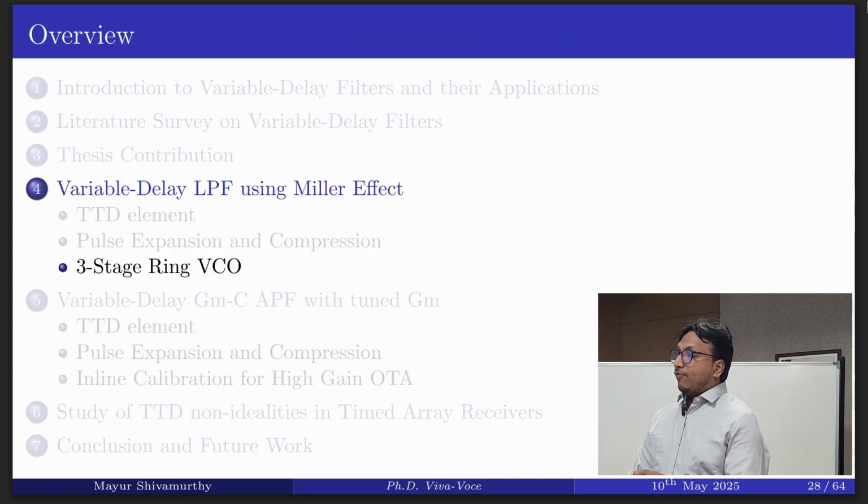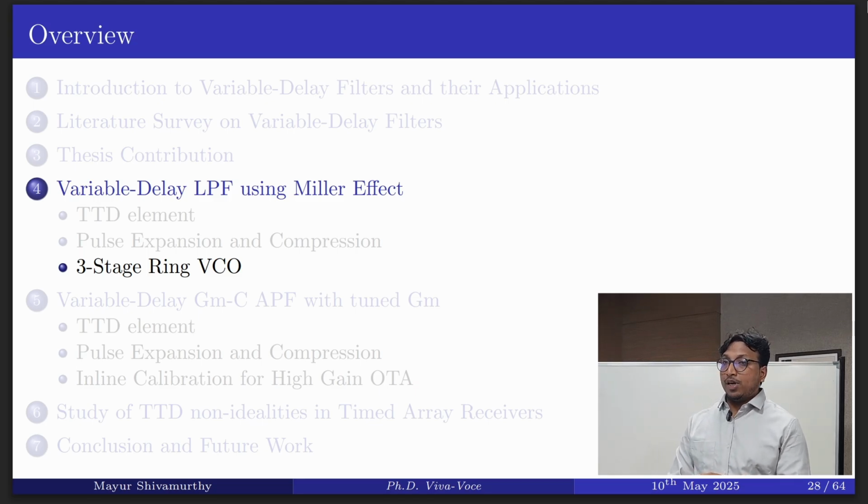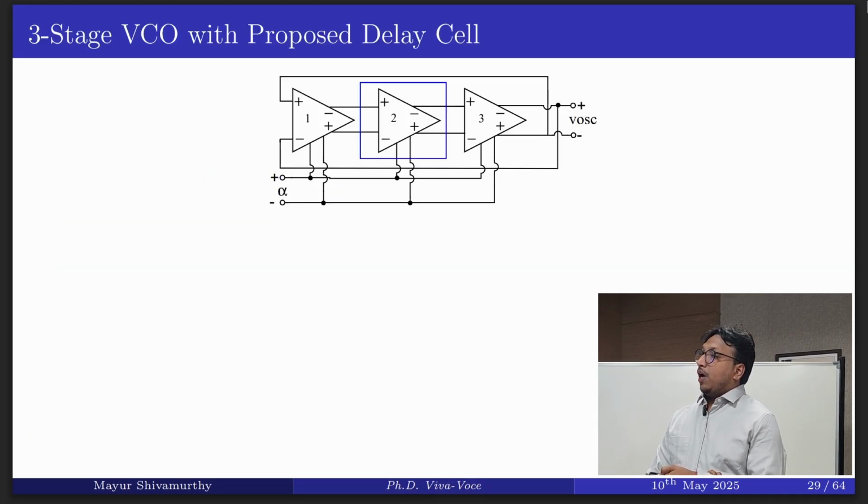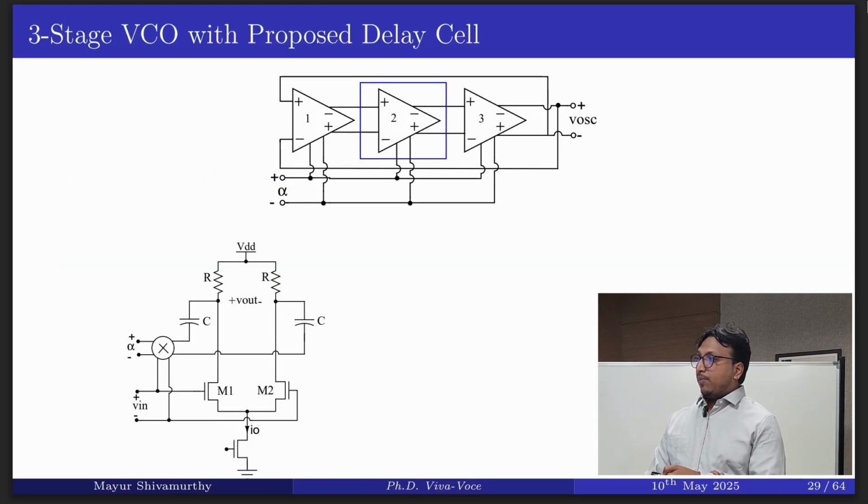So next, we go to the next application of a variable delay filter, that is in the implementation of a three-stage ring VCO. The delay element we have used is a CML buffer type, in which the value of the capacitance is varied using an extra signal alpha, which is a Miller effect. The principle is the same as discussed before.